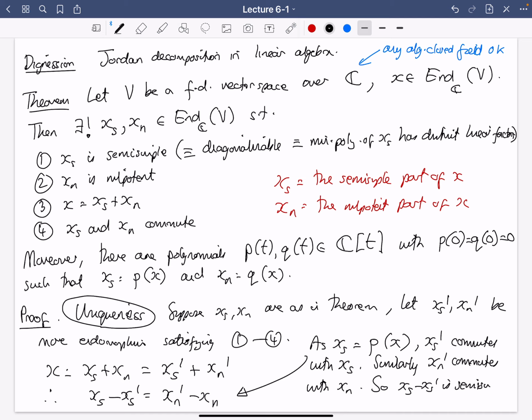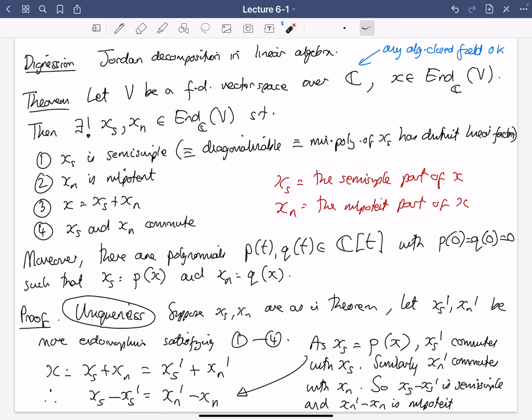So xs minus xs prime is semi-simple. Remember, that just means diagonalizable. And similarly, xn prime minus xn is nilpotent. Each of them is nilpotent, and since they commute, the nilpotency degree of this will be the sum of the nilpotency degrees of this one and this one.